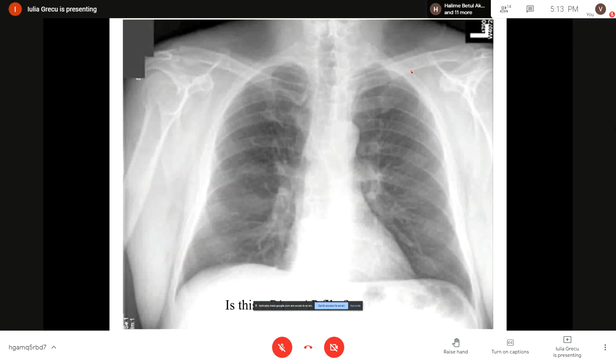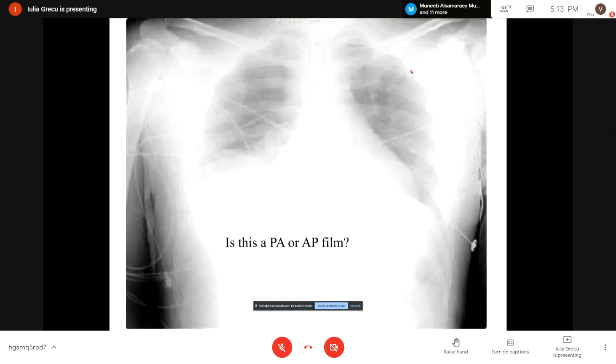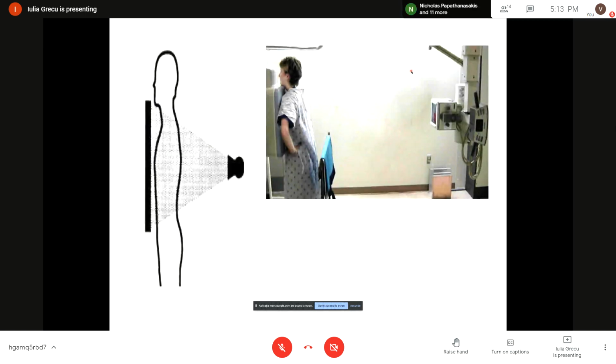We move on and discuss the importance of determining whether a chest X-ray is done in a posterior-anterior incidence or in an anteroposterior incidence. Just to be clear, this is how we do the standard chest X-ray.